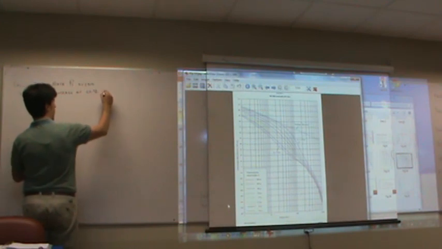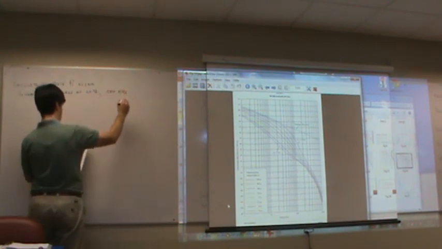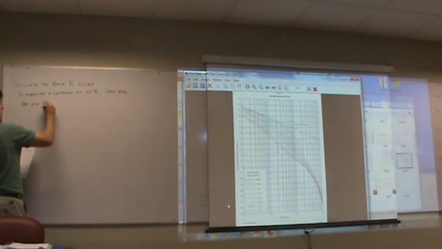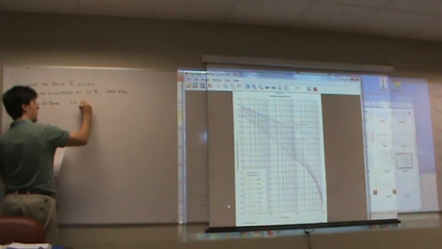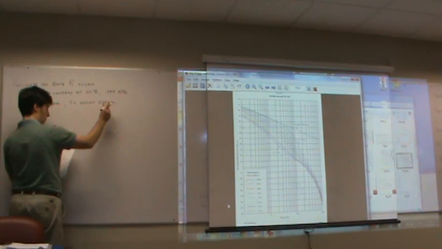Again, 100 megahertz, so we don't change the graphic. 100 kilometers of distance. TX antenna height, this time is 600 meters.